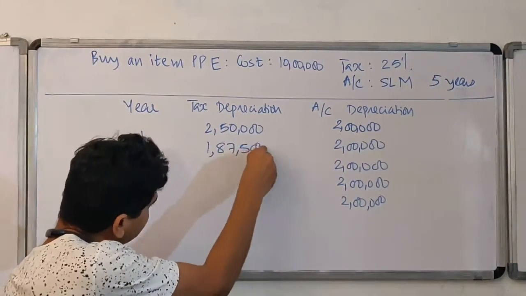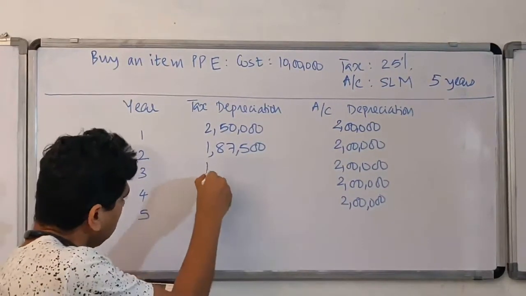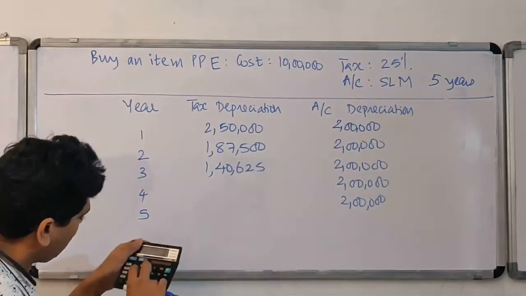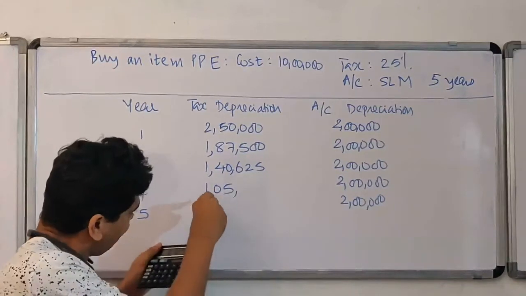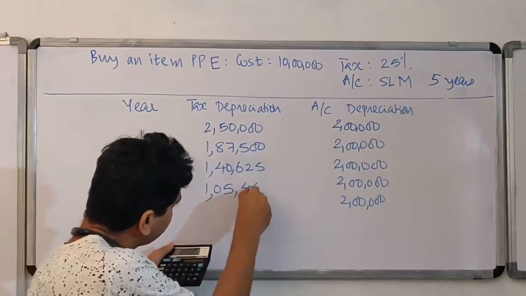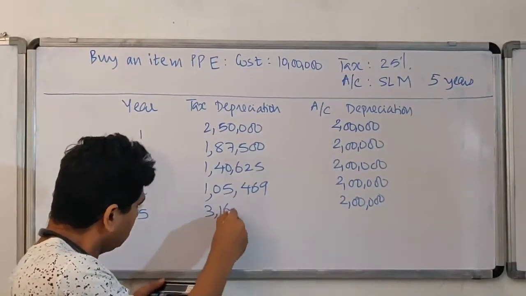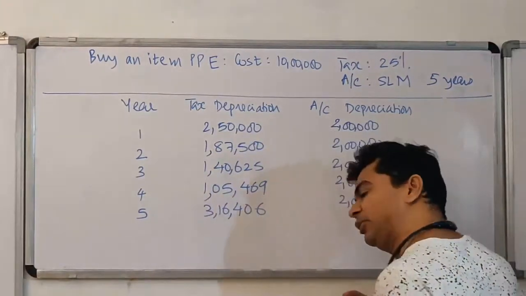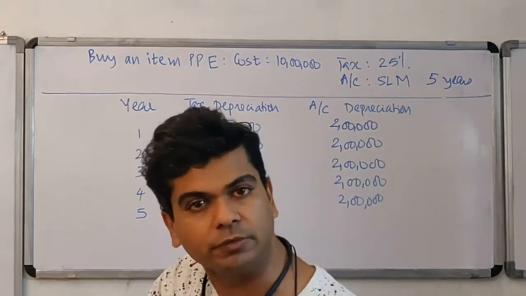Second year, 187,500, deduct it and then 25%. 146,250 deducted and 25%. I am rounding it off. This is 1,05,469. And in the final year, I am assuming that whatever is the remaining WDV, we are claiming it as the terminal depreciation.